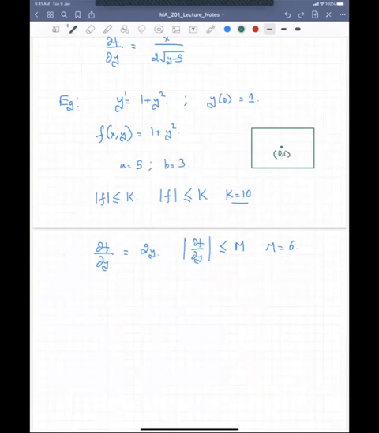So where in the xy plane is my solution guaranteed to exist? Suppose I choose this particular value of a and b, then x in this rectangle ranges from x0 minus a to x0 plus a, right? So this is my x0, and x0 is of course in this case 0. So this is minus 5 to plus 5, right? And the distance b is 3.